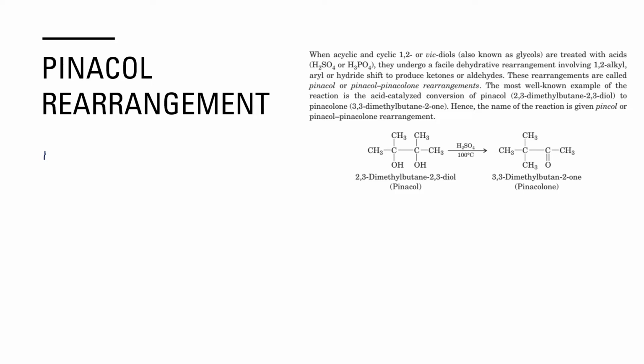Very simple mechanism. होता क्या है कि you start from here, Me2C(OH)-C(OH)Me2, and you react it with H plus. The moment you react with H plus, one of the OH groups will pick up the H plus and turn itself into an oxonium ion.